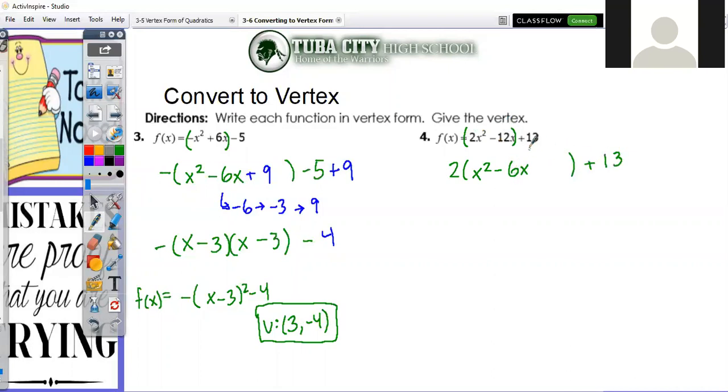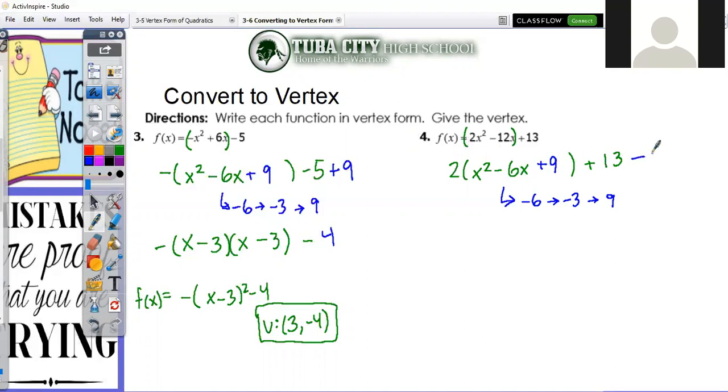And then from here, we are going to do the same thing. So we need a new value to put in here to make it balance out. So take our b value, so take it, half it, square it. Now I should put plus 9 here. Now this is also another thing that you have to take care of because just like the other one, we almost forgot the negative.